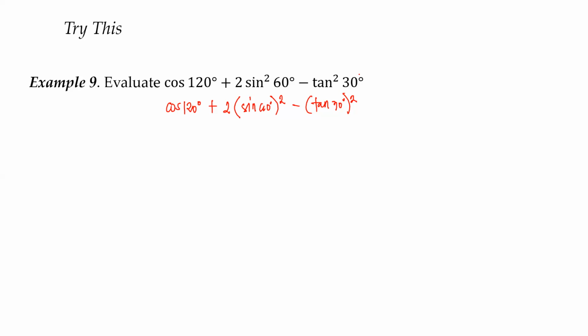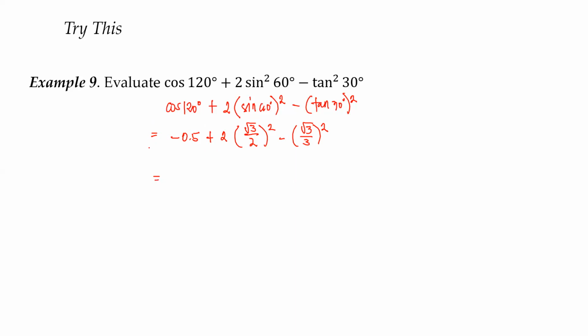Cosine 60 is 0.5, but 120 degrees is in quadrant 2, so this is negative 0.5, plus 2 times sine 60, which is square root of 3 over 2, so that is square root of 3 over 2 squared, minus tangent 30, which is square root of 3 over 3, so that is square root of 3 over 3 squared, and we square both parentheses.